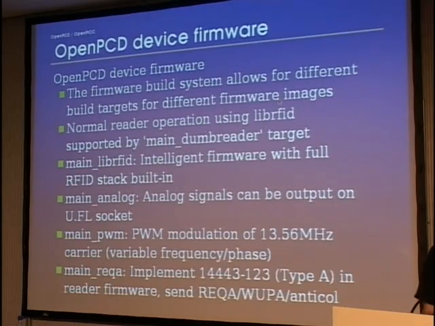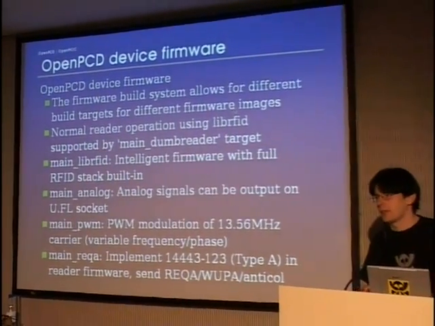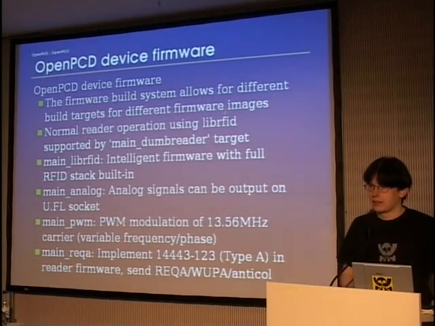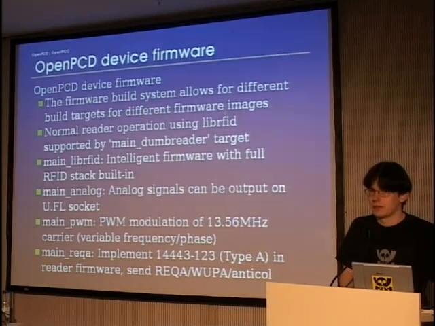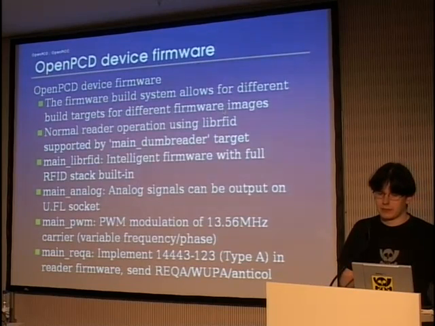So there's a number of firmware images available currently, as some of them serve actual practical purpose, some of them are only for debugging. So if you check out the subversion tree, or you download the source tarballs of the OpenPCD releases, then you will find the possibility to build multiple firmware images.